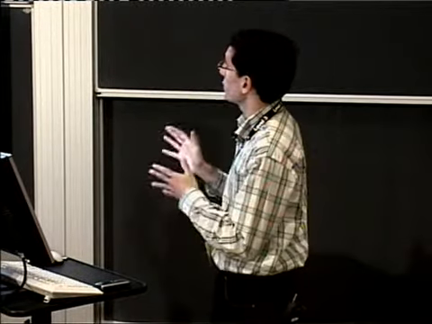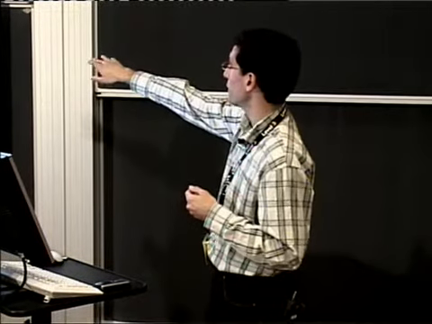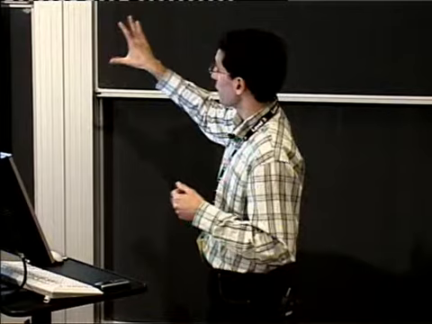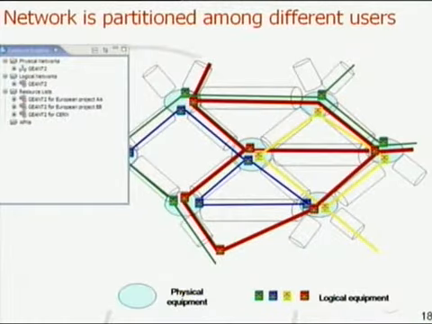Each resource list here is represented by a different color. So we are taking our physical network and partitioning it into smaller networks that are put under the control of different users. We are taking one big physical network and decomposing it into several networks that are controlled by different users.